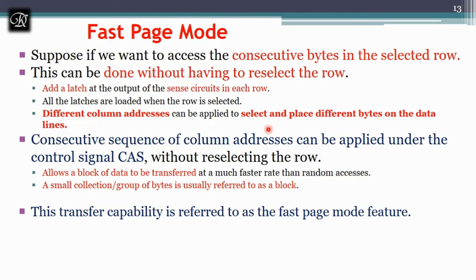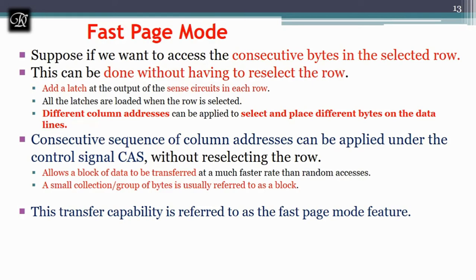The most useful arrangement is to transfer the bytes in a sequential order. One by one we can get these, which is achieved by applying the consecutive sequence of column addresses under the control of successive column address strobe, CAS. With the help of that we can get the consecutive sequence of addresses. This scheme allows transferring a block of data at a much faster rate than can be achieved for a transfer involving random addresses.